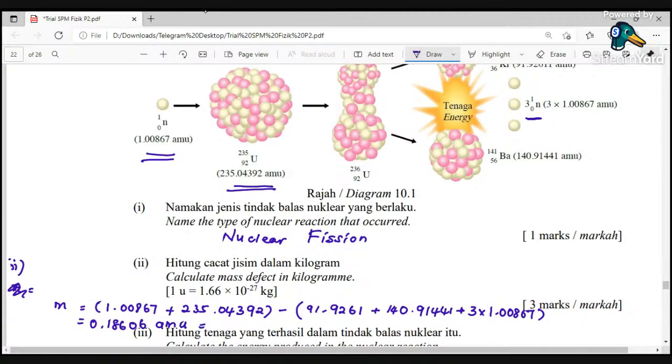So you want to convert to kilogram, use this factor. So 0.18606 multiply 1.66 times 10 to the power negative 27. Okay, so you will get the answer in kilogram.